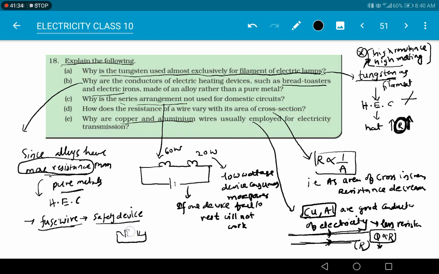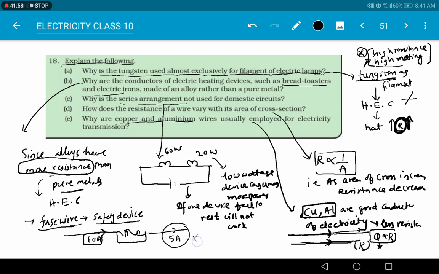So in this, a wire is connected like this. Suppose our house requires a current of 5 amperes. If the current coming from the supply is 10 amperes, more than 5 amperes, then what will happen? Our devices will get damaged.